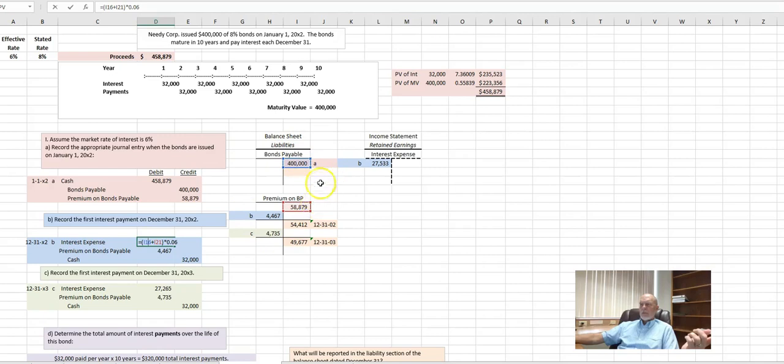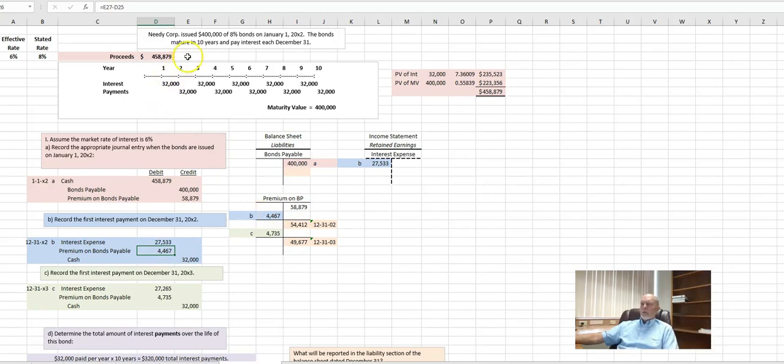That carrying value consists of the face of the bond payable plus the premium, and we're going to multiply by the effective rate of 6%. And so the difference is the amount of the premium to amortize. And so that premium is coming down. Remember, the premium had a credit balance, so to amortize it requires a debit.